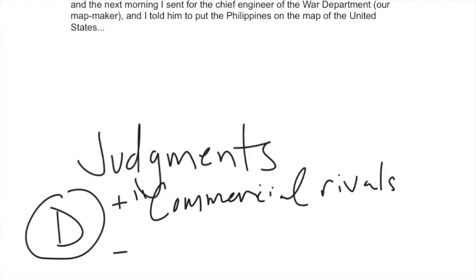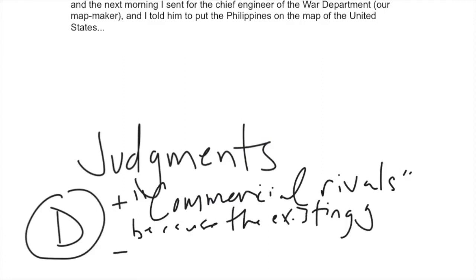So the commercial rivals claim, and I'll just say because the existing global competition. Again, I'm going to have to abbreviate because I'm using a stylus. So I'll just leave it like that.